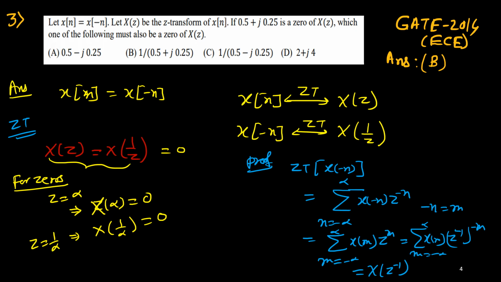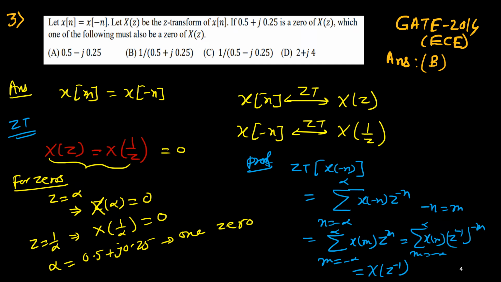That indicates that if z equal to alpha is one zero, z equal to 1 upon alpha is another zero. In this case alpha is 0.5 plus j 0.25, that is one zero.